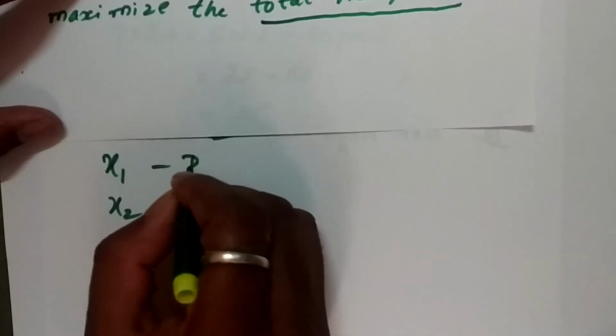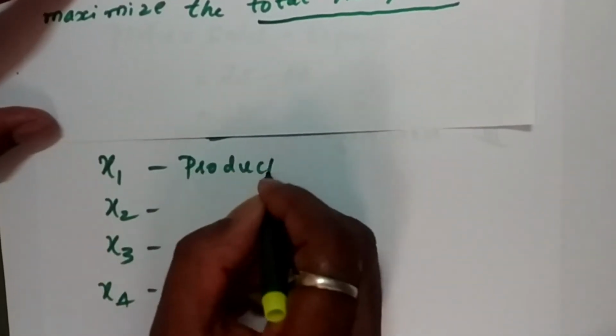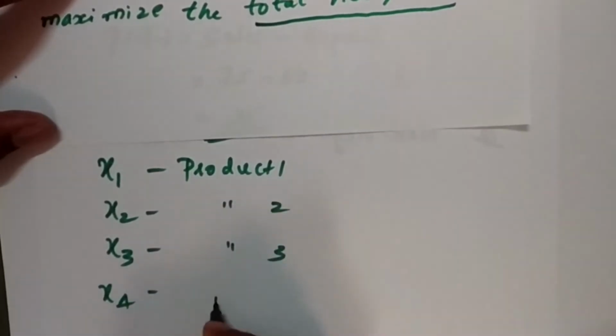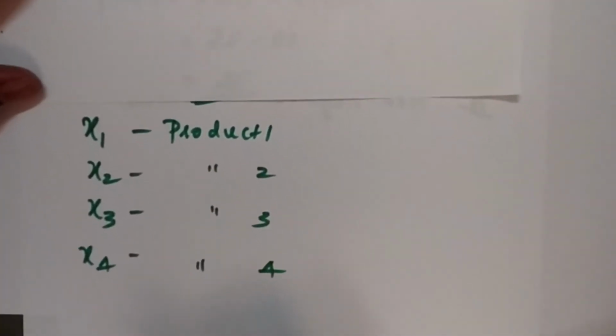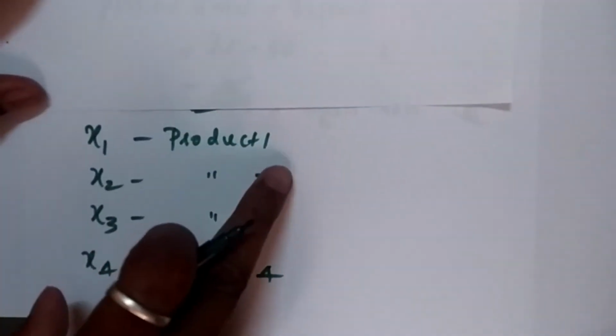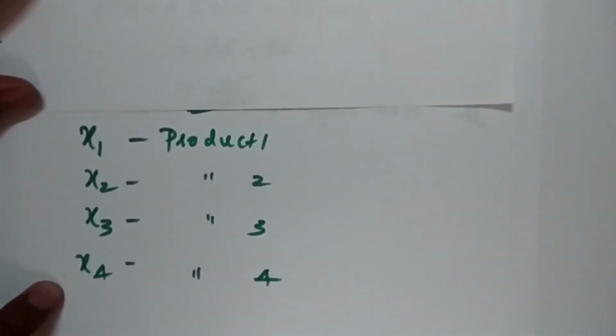This is for product 1, this is for product 2, this is for product 3 and this is for product 4. I don't know how much of product 1 I am going to manufacture. X1, X2, X3, X4 are unknown things, so I am giving these as variables. Clear? After defining the variables, let us write the equation now.